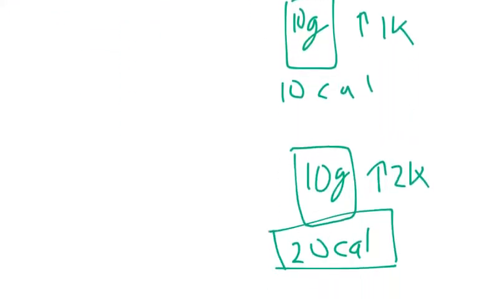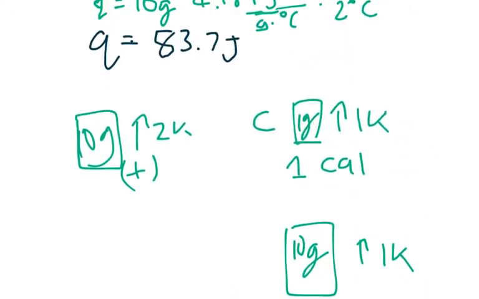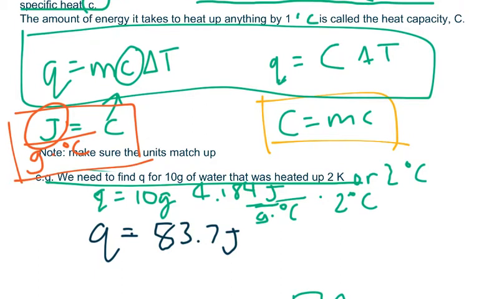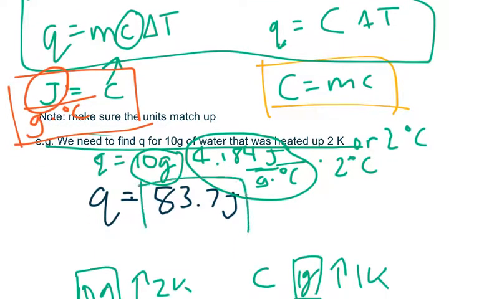So this gave us an answer, and we could do it using the equation too. We can multiply the mass, 10 grams, times the specific heat, which is 4.184 joules per gram degree Celsius, times 2 degrees Celsius, and this would get us 83.7 joules, which is really close to 20 calories.